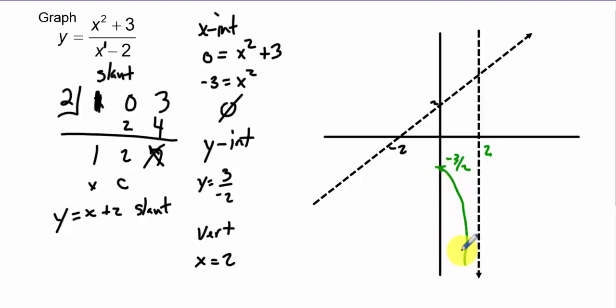I can go through this point and down, because if I went up, it would cross. And I can go through this point and approach that slant asymptote. Again, the slant asymptote, just like the horizontal asymptote, describes end behavior. I can't draw the graph over here. It's got to be up here in this little corner, because it can't cross that x-axis.